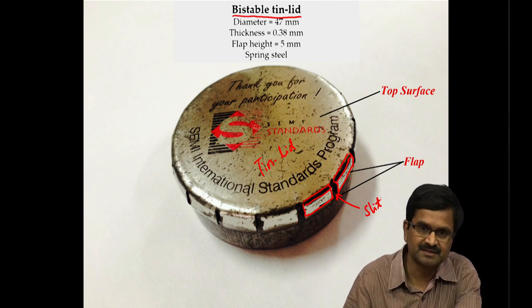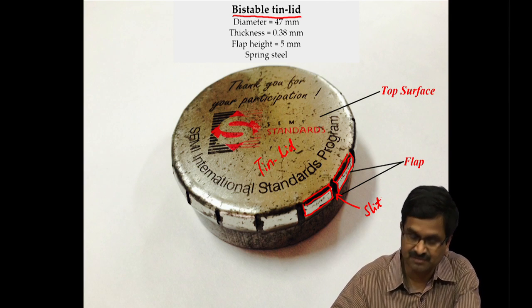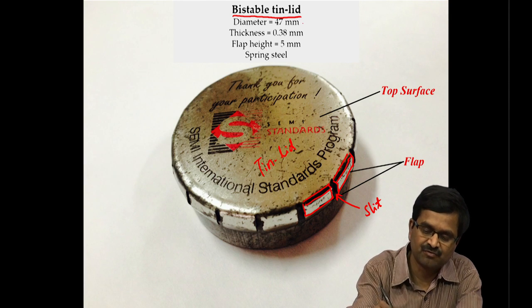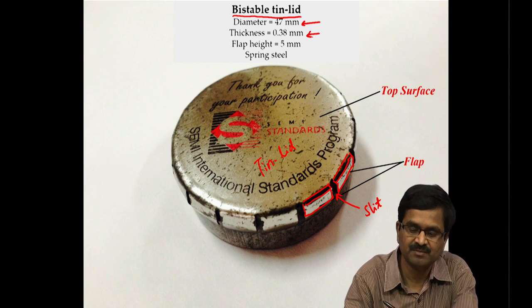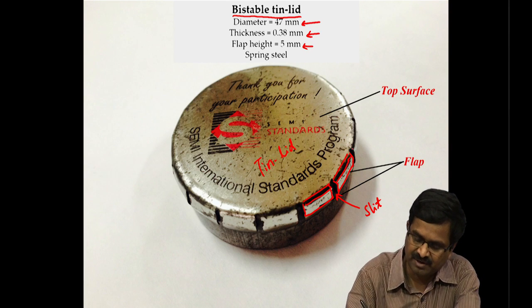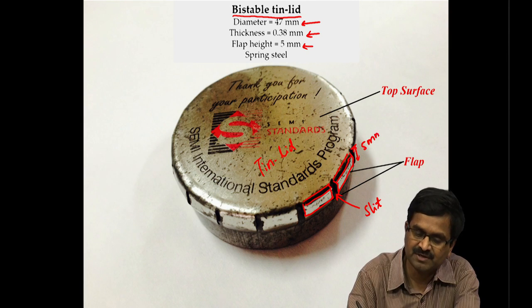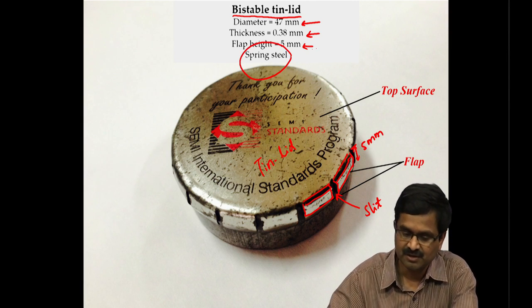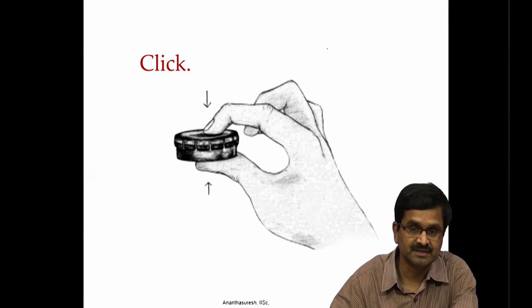It is a metallic tin, but it has very interesting behavior. Its diameter is 47 millimeters, thickness is 0.38 millimeters, 380 microns, flap height is about 5 millimeters, and it is made of spring steel. Okay. So, here is a sketch of this device.